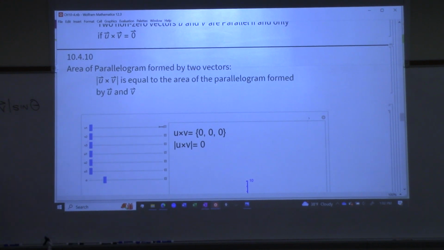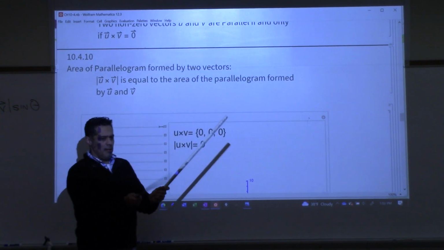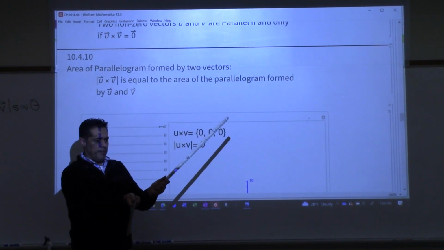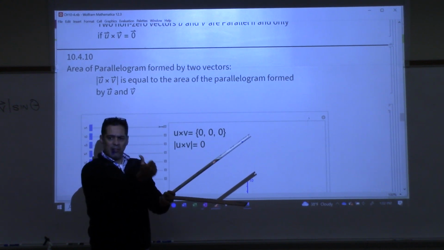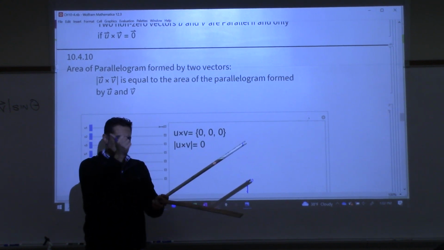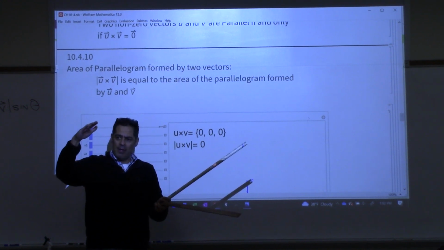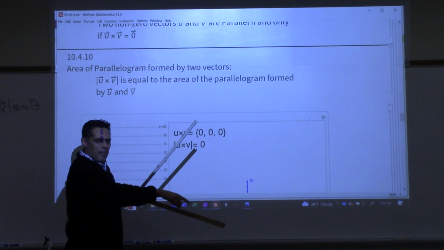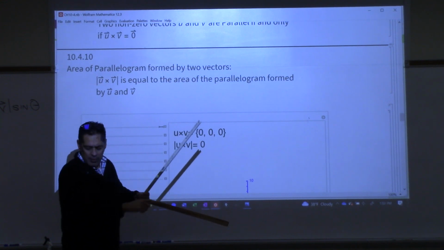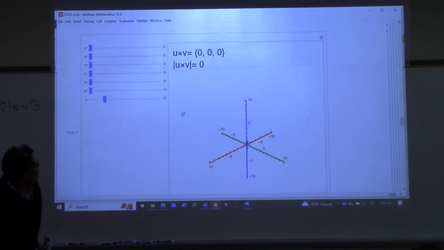If you take two vectors, let's say we take this one and cross it with this one, we use the right-hand rule and get this vector that comes out. That vector has some length to it. The length of that vector is equal to the area of the parallelogram formed by these two vectors.